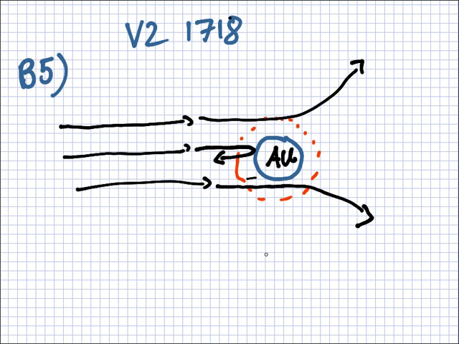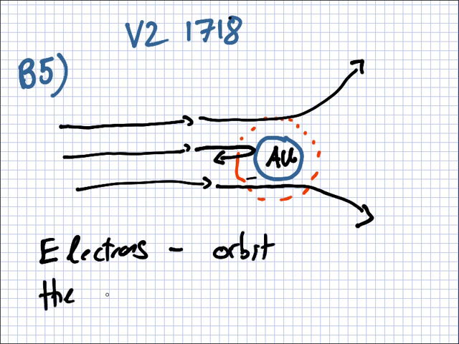This experiment was to verify that. So that's one of the conclusions: the electrons, which are negative, orbit the nucleus, which is positive.